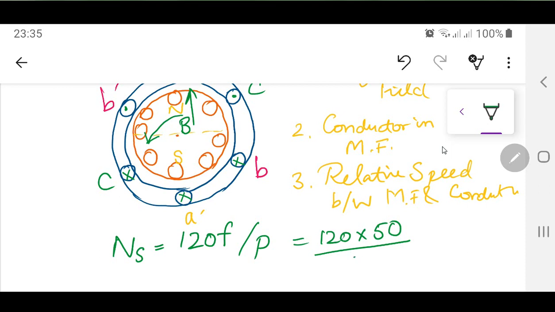So the number of poles supposedly is a minimum of 2, so you get approximately a 3000 RPM machine. This means that you are actually having a synchronous speed of approximately 3000 RPM.